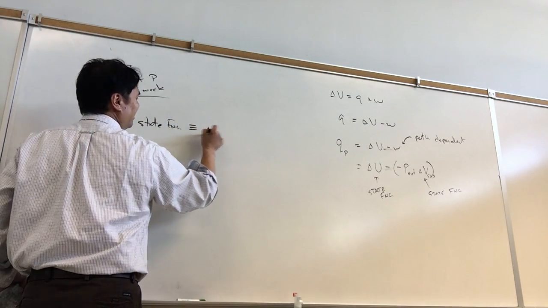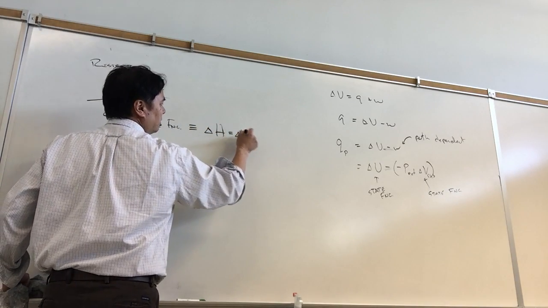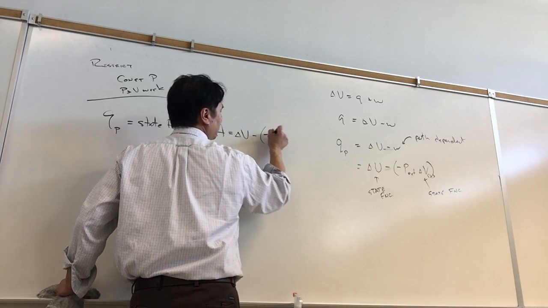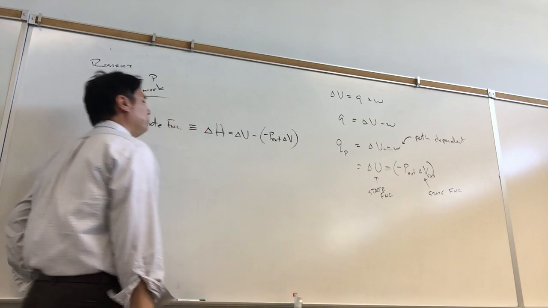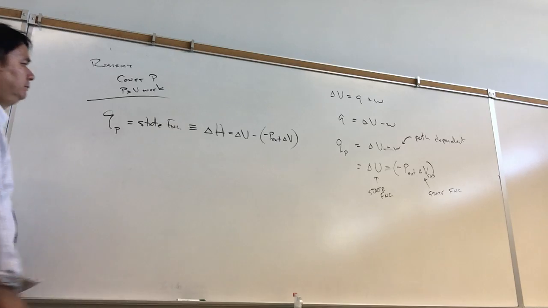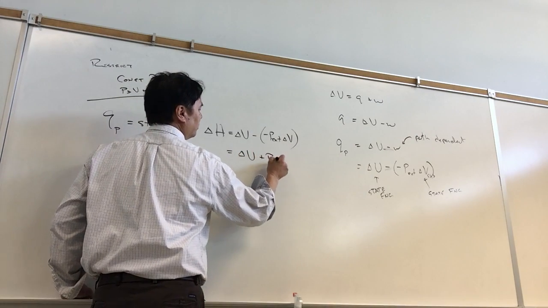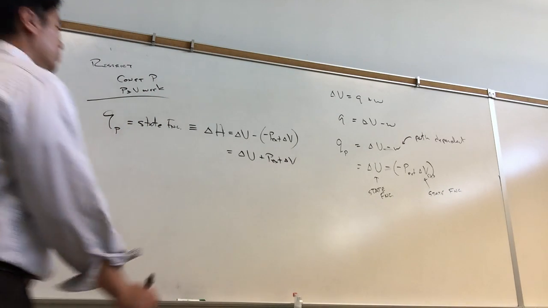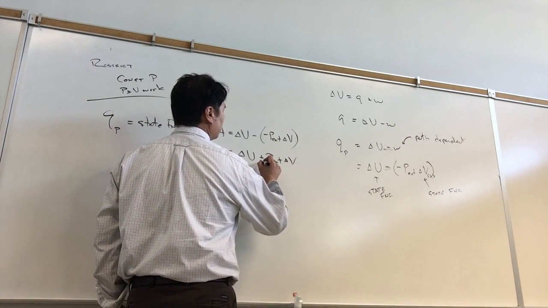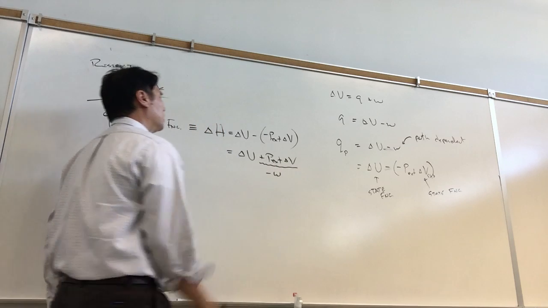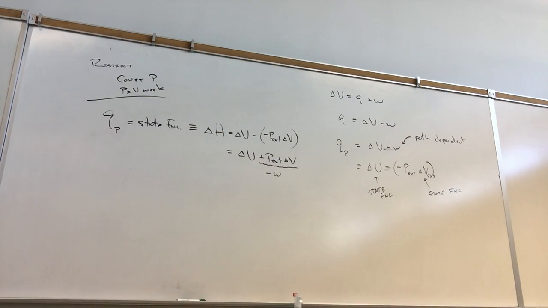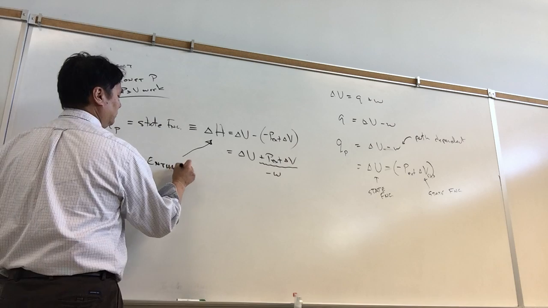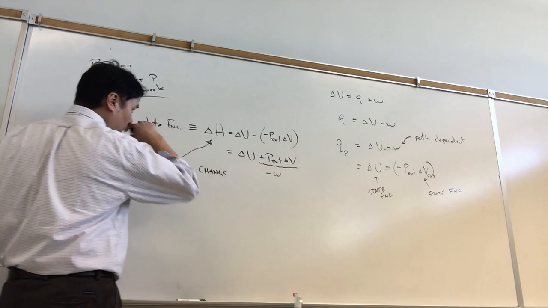The state function we define as delta H. And so delta H is equal to delta U minus P external delta V, or delta U plus P external delta V. In other words, this is minus the work, delta U minus W. This state function is called the enthalpy change, delta H.